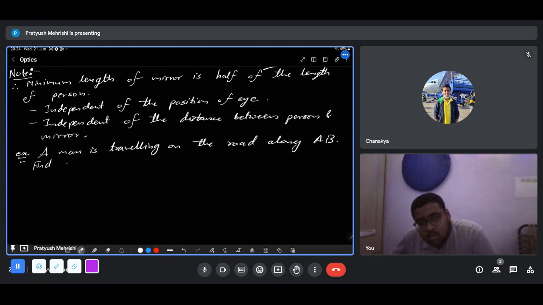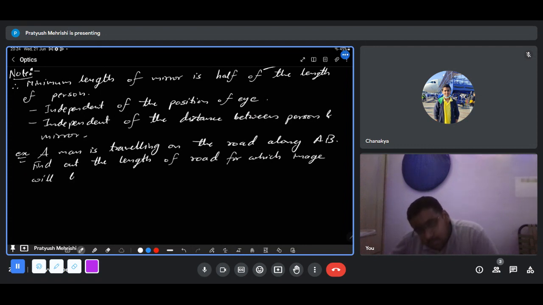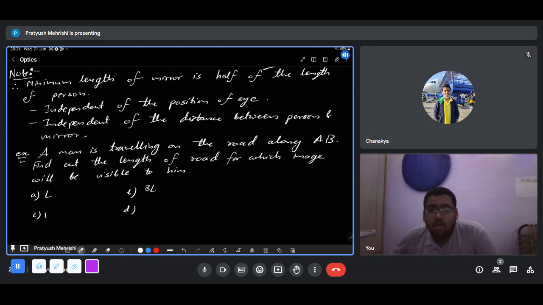Find out the length of road for which the image will be visible to him. Options are given here: L, 3L, 1.5L, and 2L.